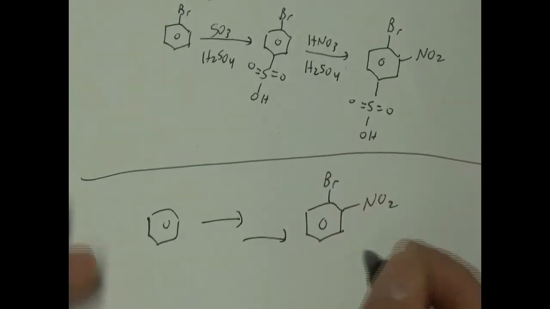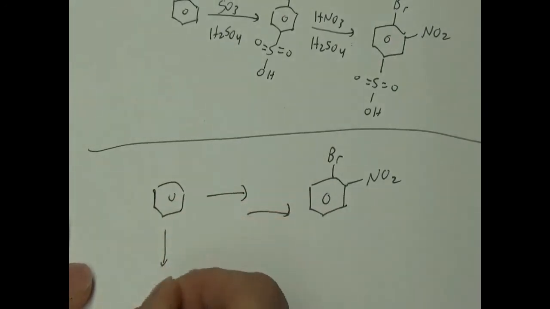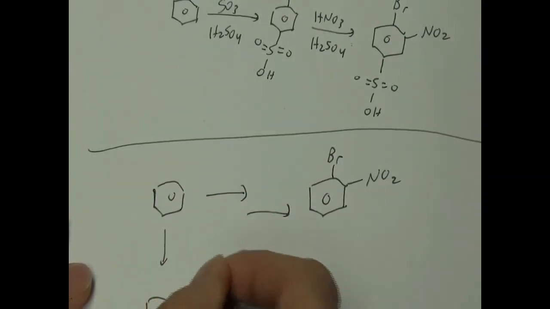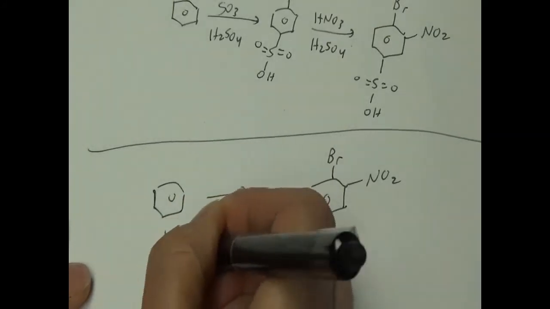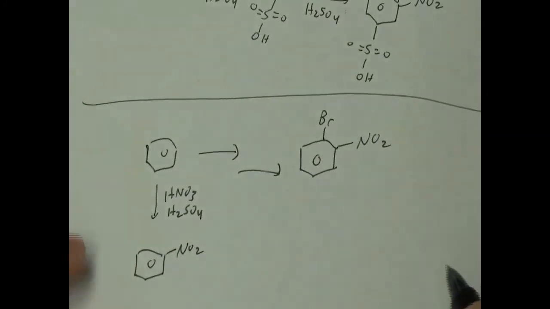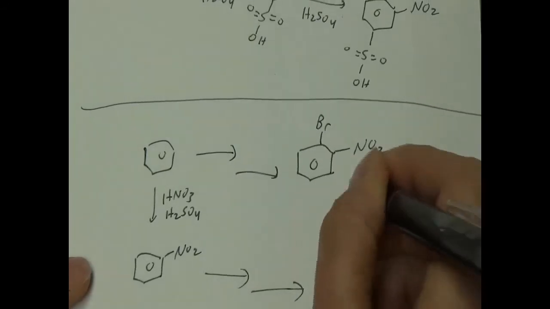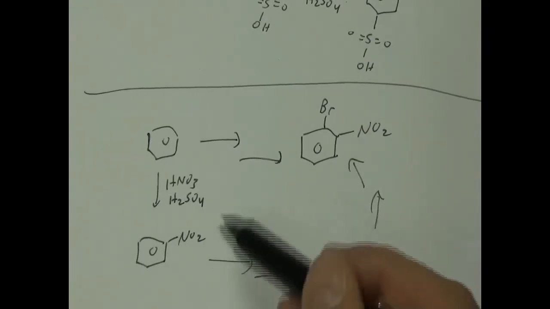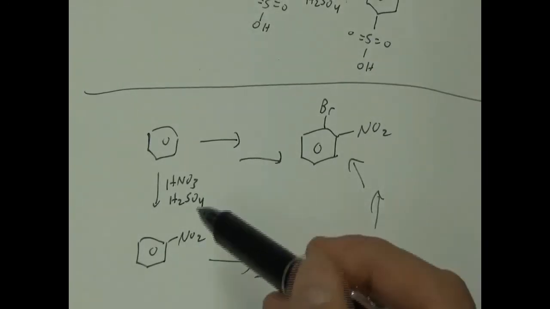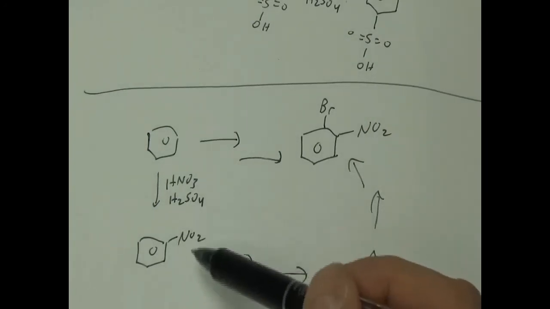A wrong way that'll work, but it takes 1,000 steps. So the wrong way would be nitrate first, HNO3. Okay? And now you're going to have to do a whole bunch of steps. It might be good practice for you, but of course it's the bad way to do it, but you could practice all the steps. Because now if you nitrate it, then you have to convert this, it's meta initially, right?